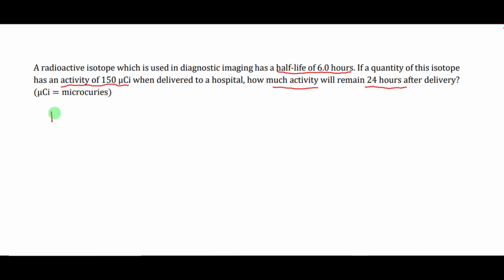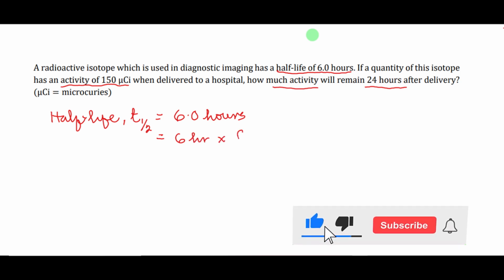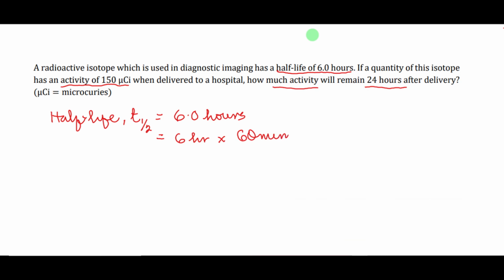We have the half-life. The half-life given to us here is T half, that's 6 hours. You can as well convert it to seconds. You can leave it as 6 hours times 60 minutes over 1 hour times 60 seconds over 1 minute.